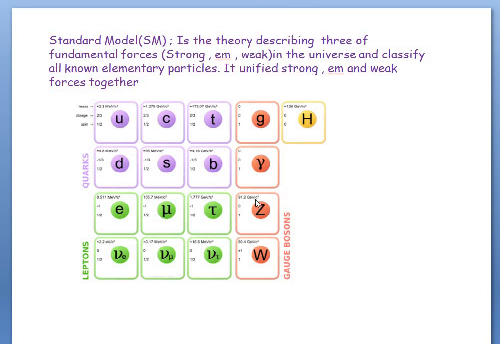And these are the gauge bosons: this is gluon, this is photon, this is Z boson, this is W boson, and H represents the Higgs boson. All of these particles are the truly elementary particles of the universe according to the standard model.